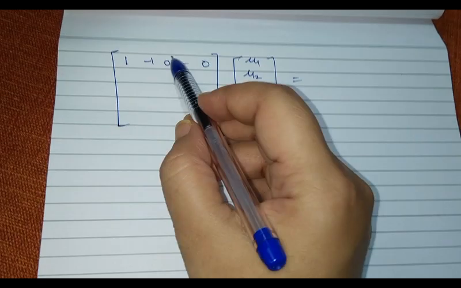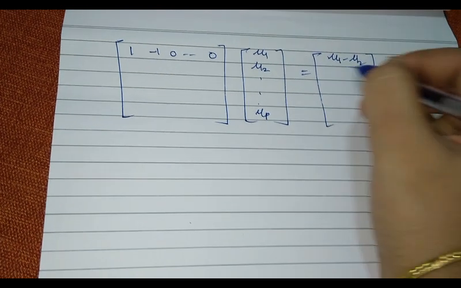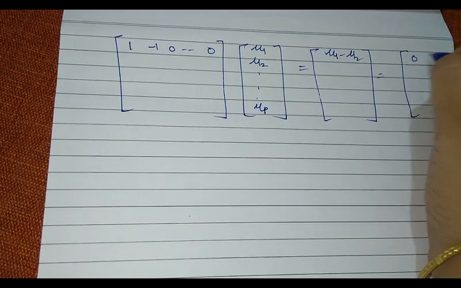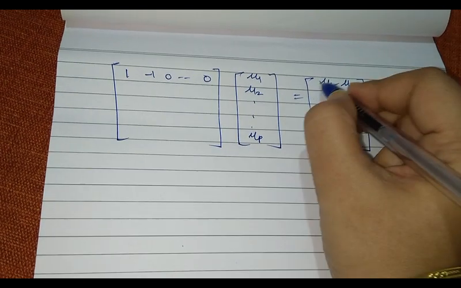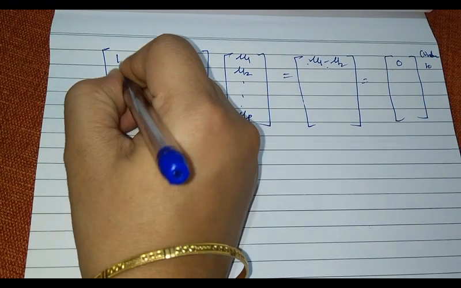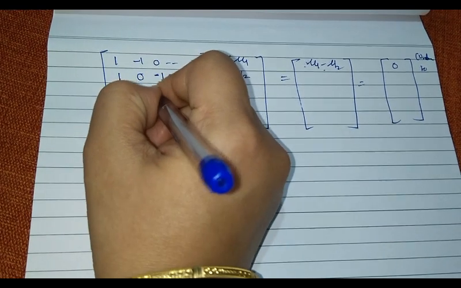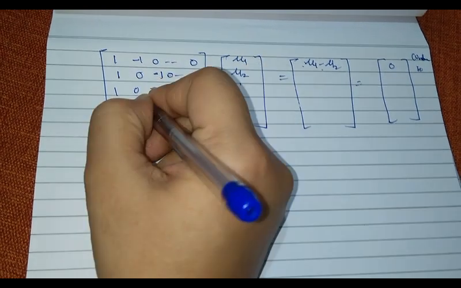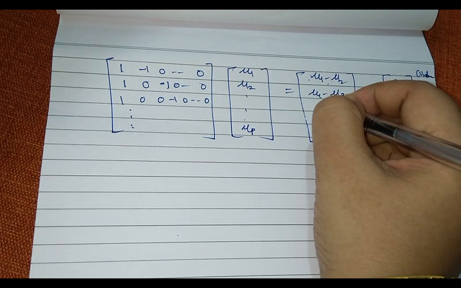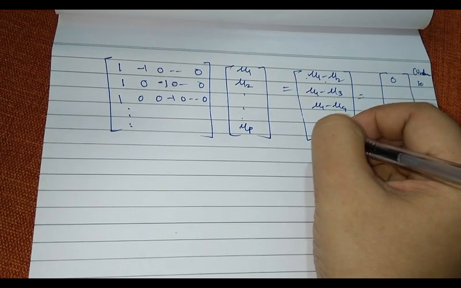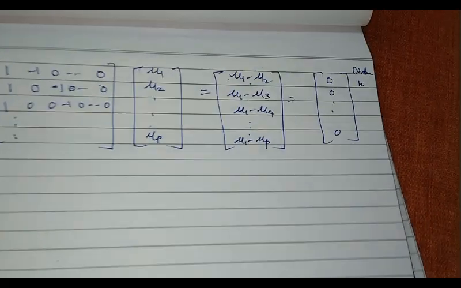Because my first entry would now be mu1 minus mu2. And under h0, I want this to be 0. Right? Under h0, I want mu1 minus mu2 to be 0. Similarly, I want mu1 minus mu3 to be 0. Similarly, I want mu1 minus mu4 to be 0, and so on. Okay, so mu1 minus mu3, mu1 minus mu4, and so on, mu1 minus mu p, and I want each one of them to be 0.